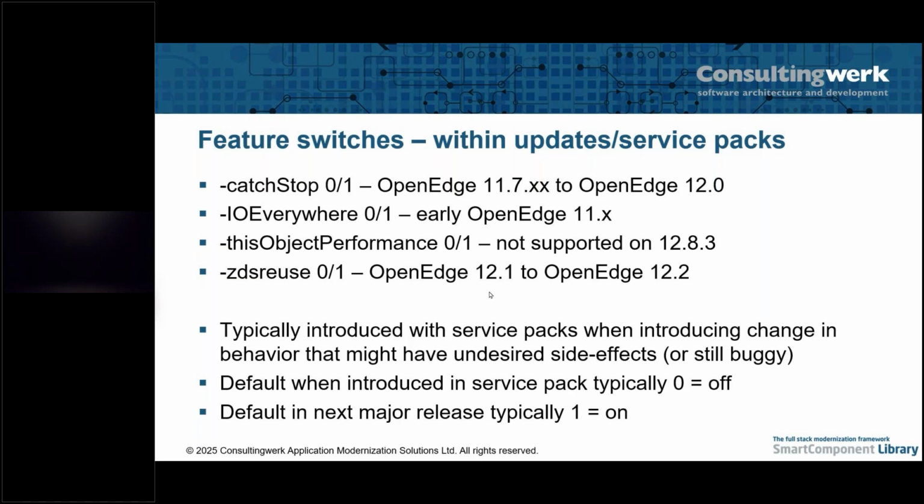We do not always update all of our PCs immediately to the latest service pack, but then we share our PF files through version control, and some of our colleagues may get runtime errors when starting clients because this parameter isn't there, and then you actually need to know that it had been introduced in a certain service pack release.